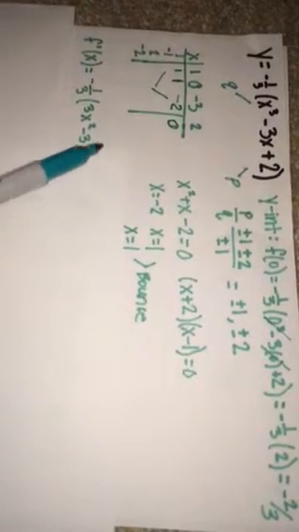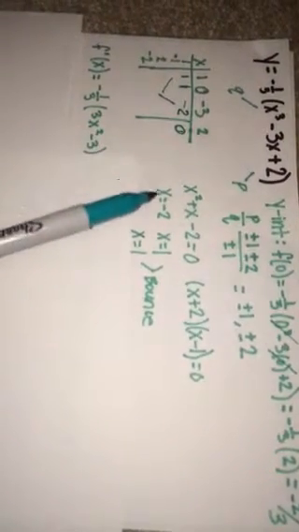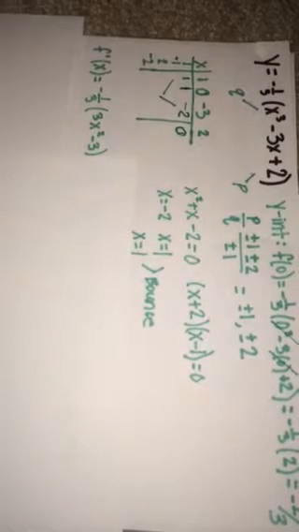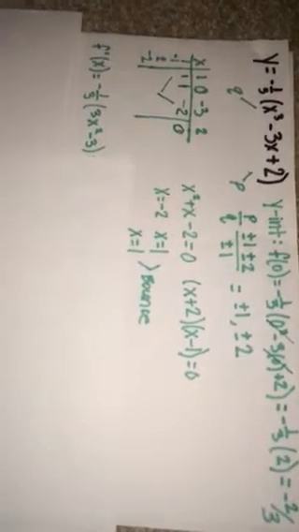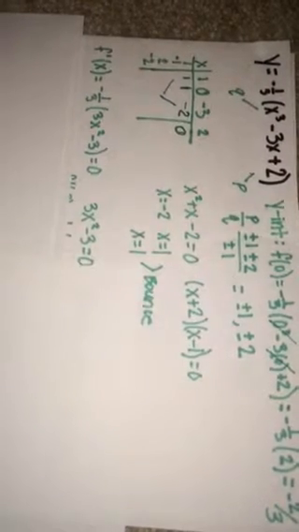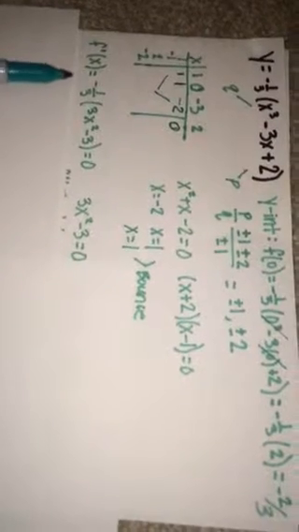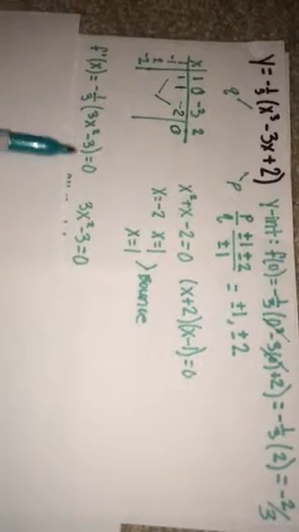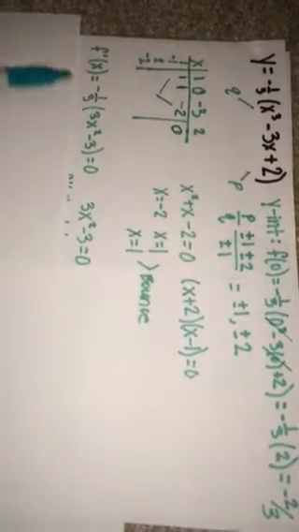Then with the negative 3x, it's going to give you just negative 3, and the 2 is going to cancel out. Then what you're going to do is set this function equal to 0, which is going to give you 3x squared minus 3 equals 0, because negative 1/3 is going to divide to the other side and cancel out.